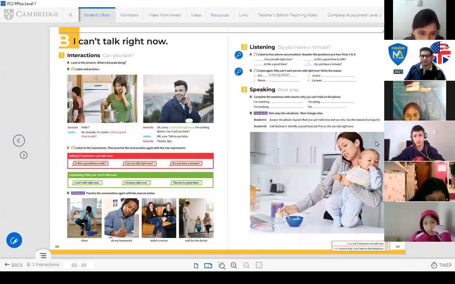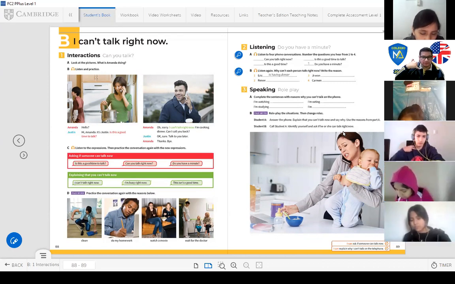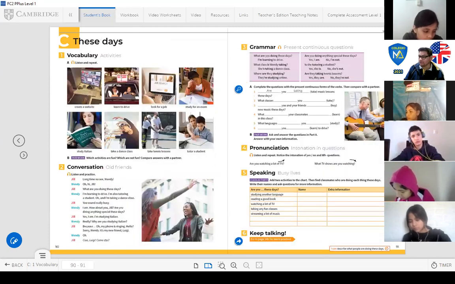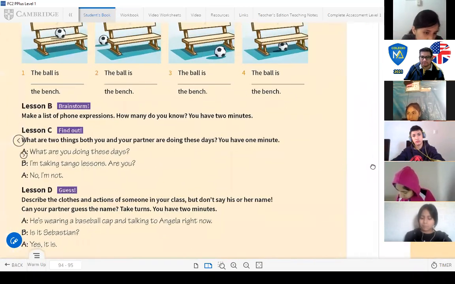You have, for example, is this a good time to talk? Can you talk right now? Do you have a minute? And the other person says, oh, I can't talk right now. Sorry, or I'm busy right now. Call me later. Or this isn't a good time. These are fun expressions, well, when you call someone by telephone, yeah?